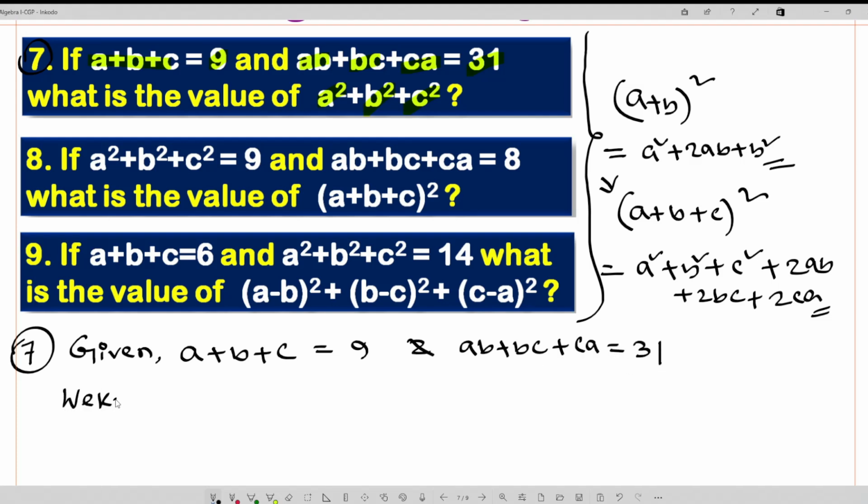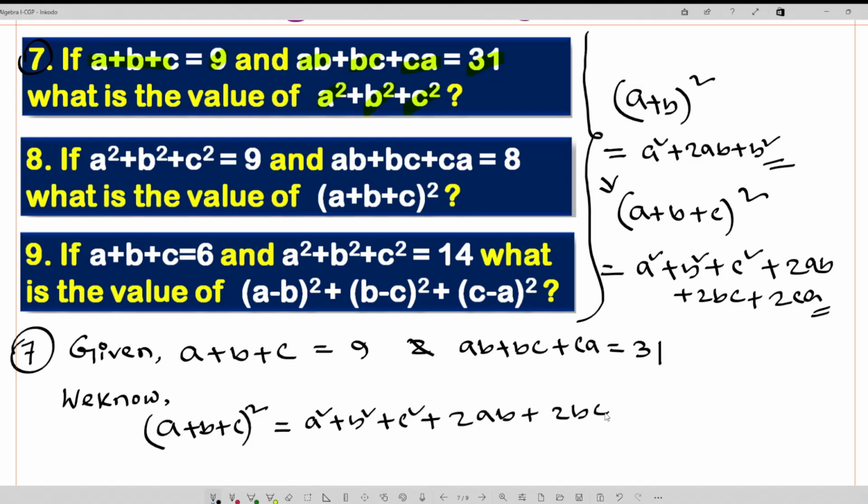We know (a + b + c)² equals a² + b² + c² + 2ab + 2bc + 2ca.